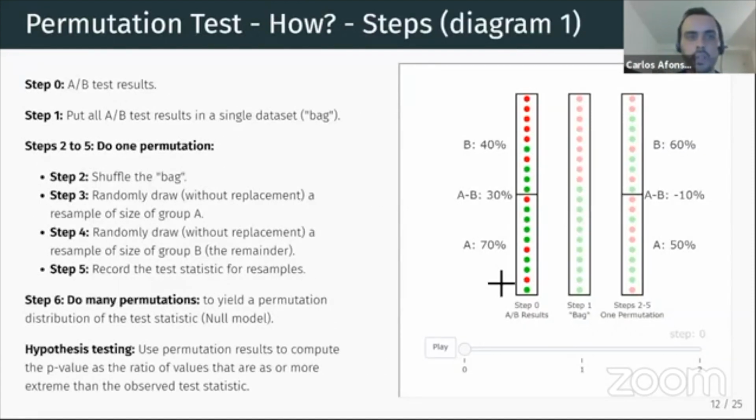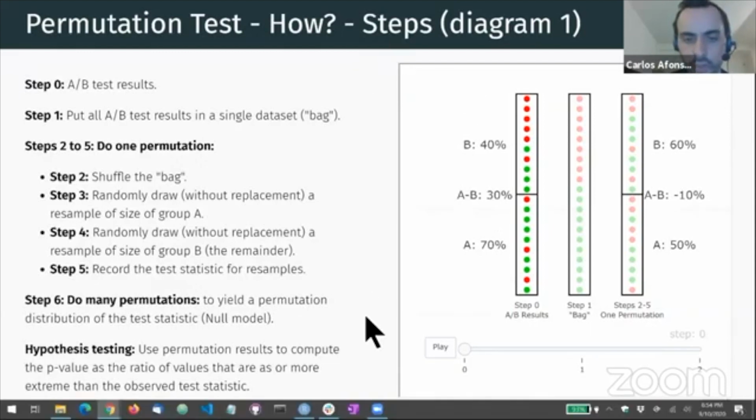So how is the permutation test done? Again, we're going to break down the process into individual steps. Okay. Step 0, before we even do the permutation test, we need to have the A/B test results. In this case, we have our A/B test results. This first representation here is the results for A, where we have 7 successes, 7 green balls, and 3 reds.